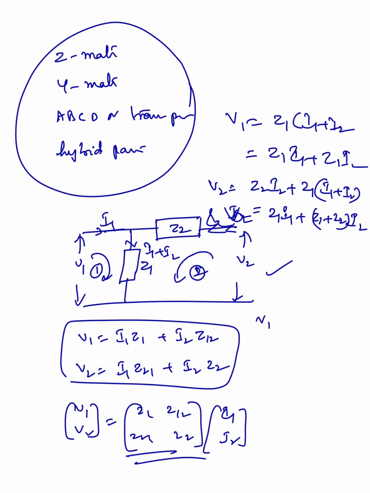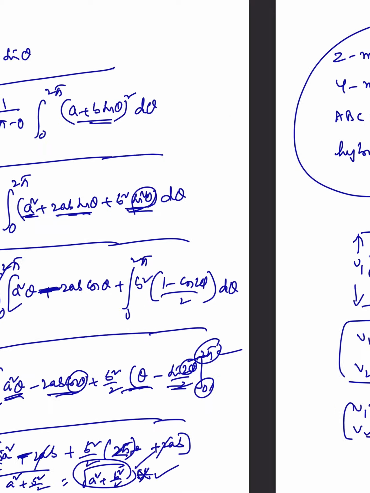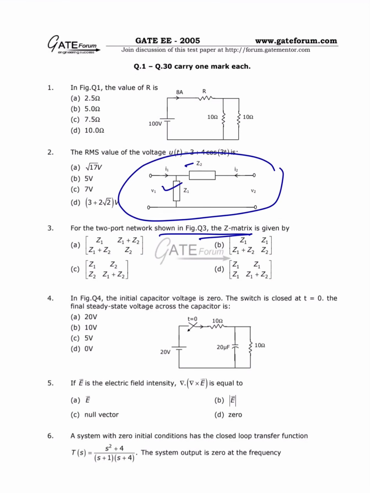So now V1, V2, from these two equations, Z1, this is Z2, Z1, Z1 plus Z2. Look at the options.